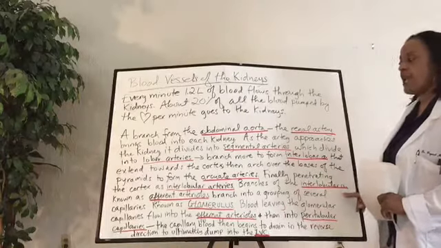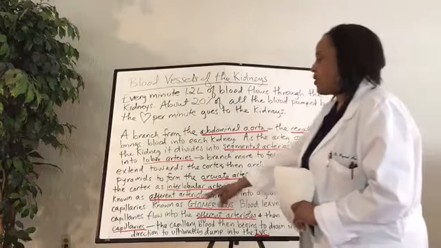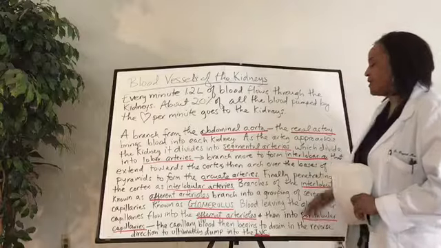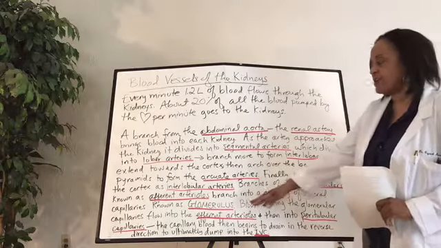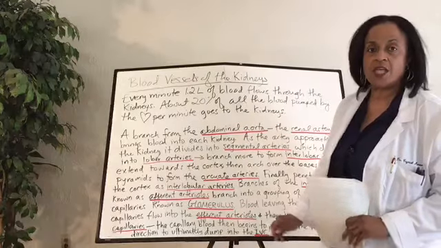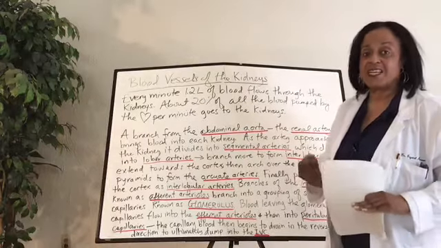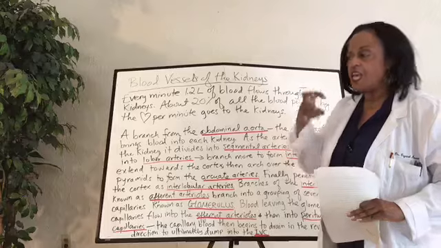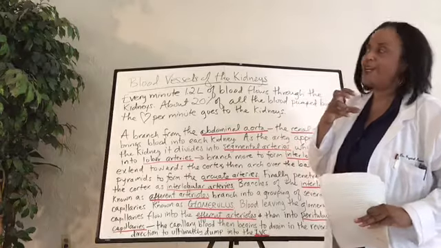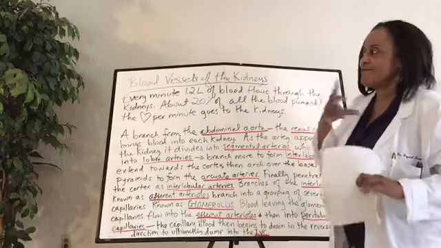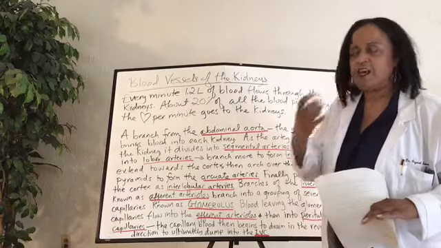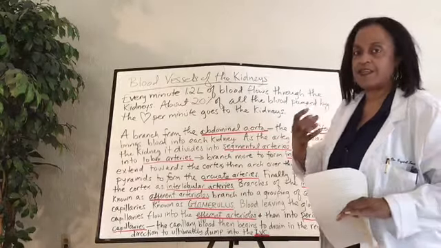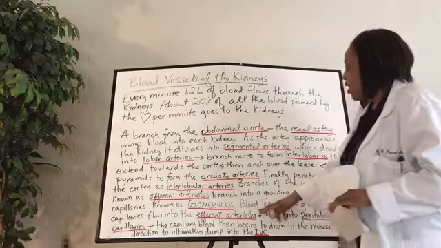Branches of the interlobular arteries are known as the afferent arterioles, which branch into a grouping of several capillaries known as the glomerulus. The glomerulus is actually a tuft of capillaries. It looks like a ball of hair, and it's just a tuft of capillaries. That's what the glomerulus is.